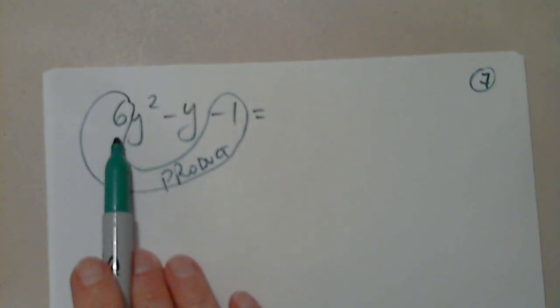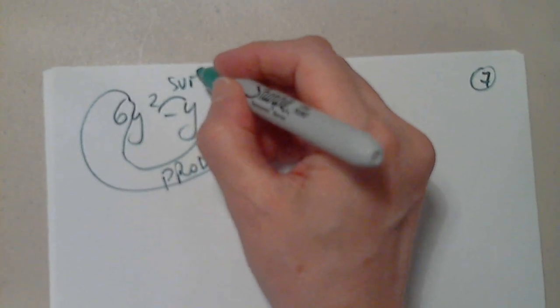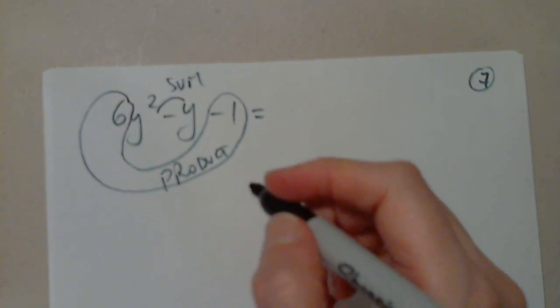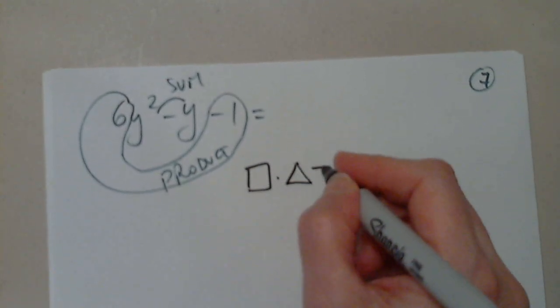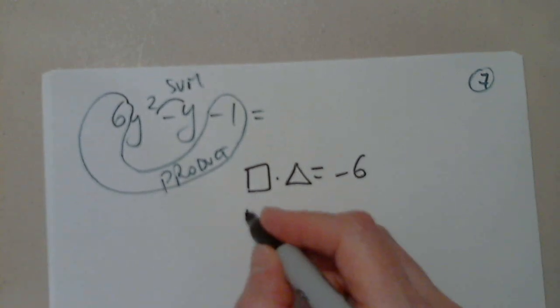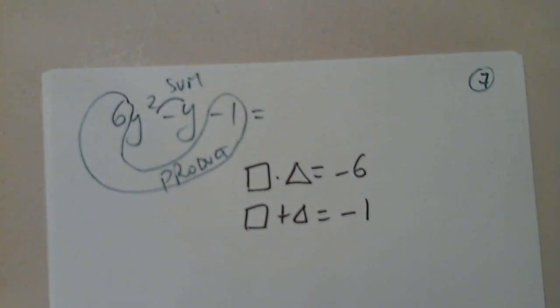We have to involve the leading coefficient. And this is still the sum. Nothing changed there. So we're looking for two numbers whose product is negative 6 and whose sum is negative 1. Since the product is negative, we expect a positive and a negative number.